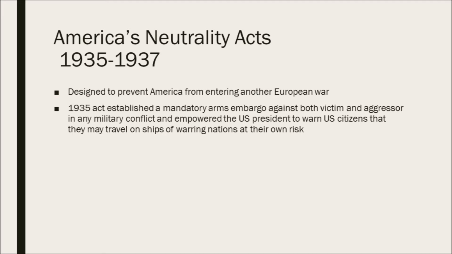Now, it also empowers the president to warn United States citizens that, if you travel on ships of warring nations, that is at your own risk. Now, why do they put that in there?